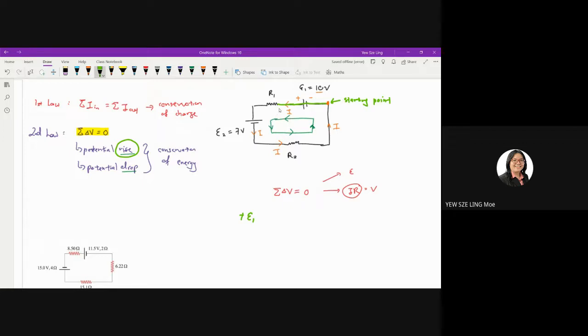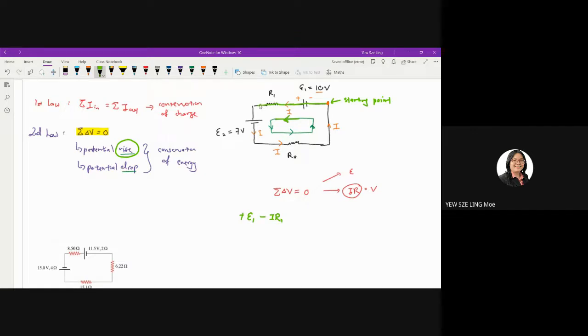There is a condition: if the orange color I and the loop are both pointing toward the same direction, then we can say it experienced a potential drop, and the value here would be negative. So we have negative IR1 because it experienced a potential drop, and the directions of this orange I and our loop are both pointing the same way. Therefore, I can stick to its original sign, which is a negative sign, right?